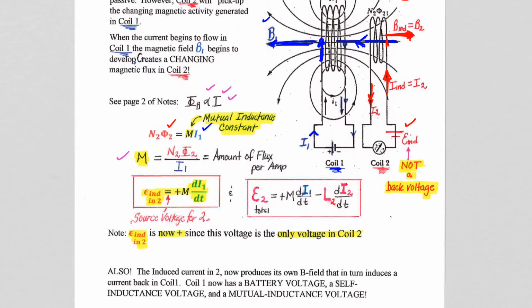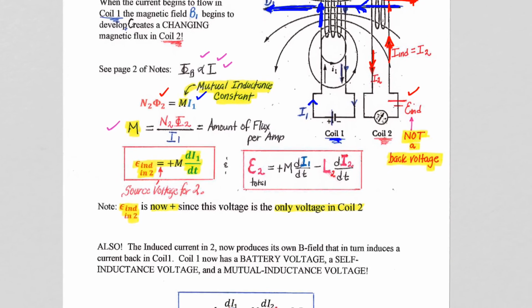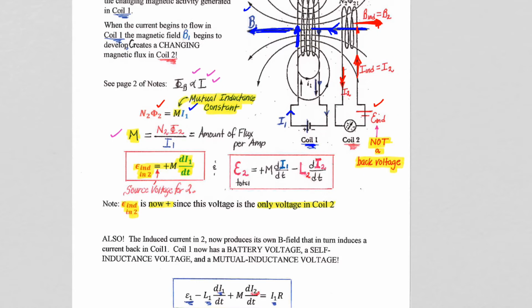Lenz's law and induced EMF still apply, because we established that just looking at what nature would present to these two coils. Our induced EMF here is going to be primarily generated by the voltage in 1. So di1/dt is making B field 1, which is producing the flux in coil 2, which is making induced current 2.